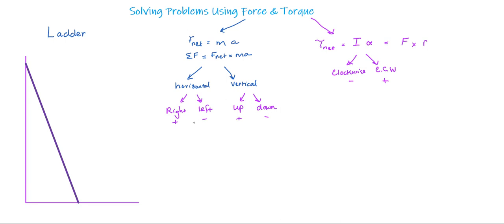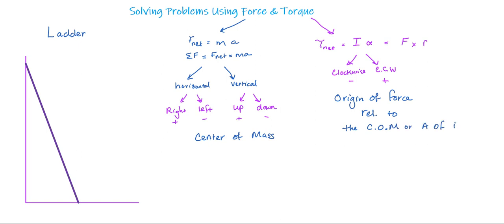Now, when we draw a force diagram, we've always been looking at the forces all acting at the center of mass. This is the free body diagram. But here with torque diagrams, we're going to look at the origin of force, so the location where the force is acting relative to the center of mass or axis of rotation.